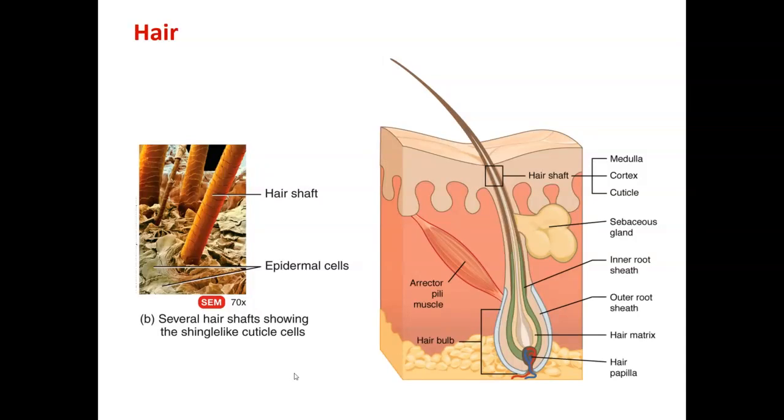Well, every hair has a little tiny muscle called erector pili muscle attached to it. That little muscle doesn't have much function in humans because it just makes your hair stand up on end. Sometimes when you're cold, your hair will stand up, or in certain stressful situations, it'll cause hair to stand up.